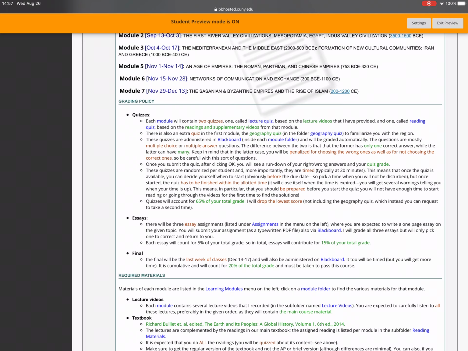So these quizzes are also randomized per student. And very importantly, this is one thing that you have to keep in mind: no matter when you decide to take your quiz, after you have done all the material, once you sit down on your quiz, you will have only 20 minutes to finish the quiz.